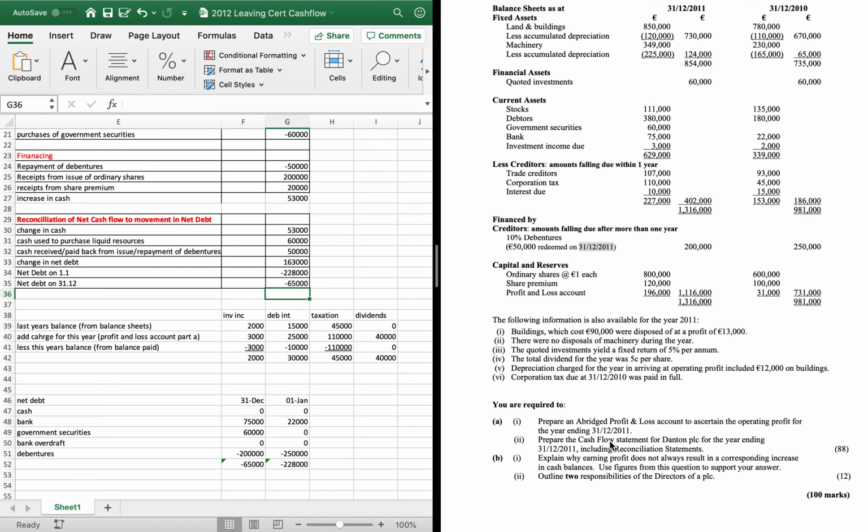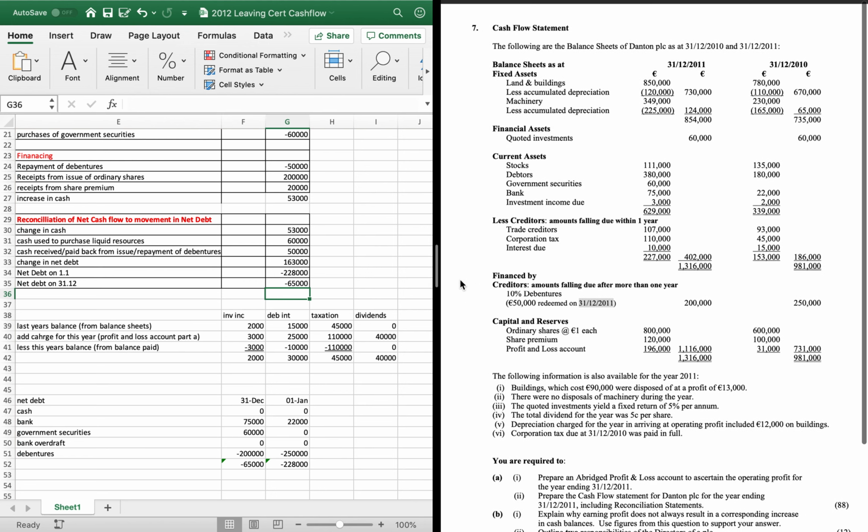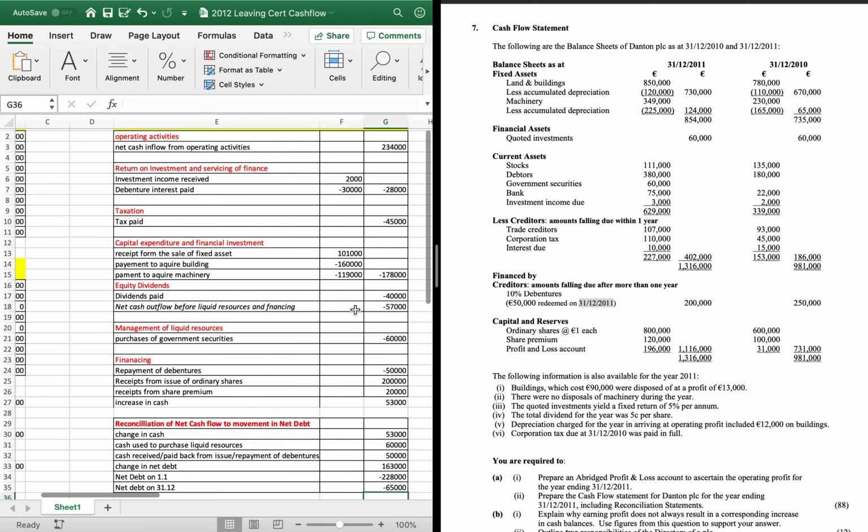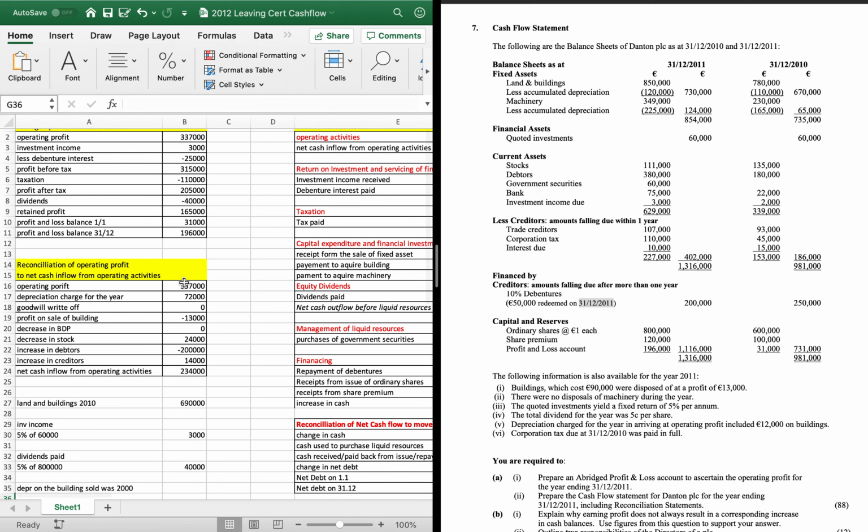So an example of that is depreciation. In this question, where they tell us these figures, we know depreciation is 72,000. Really what you want to look at is part B of this question here. So depreciation is 72,000. So depreciation reduced our profit by 72,000 without reducing our cash by a penny. Another one would be the profit on the sale of buildings increased our profit by 13,000 without increasing our cash.